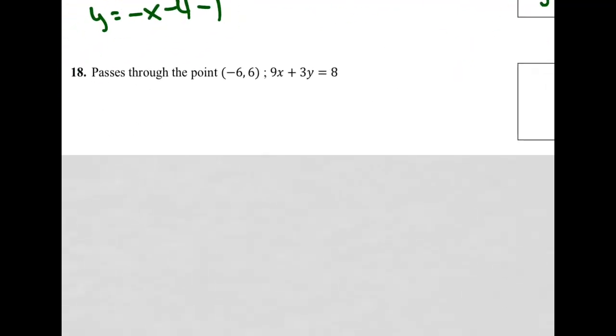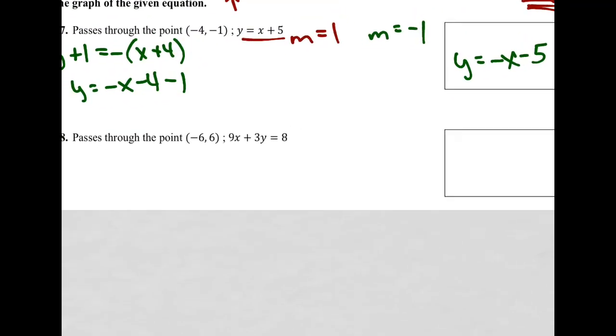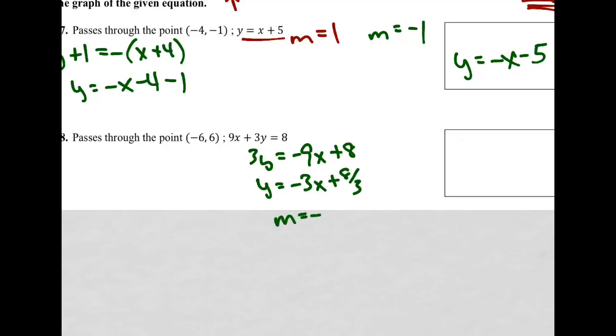Alright. Number 18 is not in the right form, so we have to get the y by itself. That's the only way I can see my slope. Divide both sides by 3. Okay, so this slope is -3, so my perpendicular slope is going to be opposite reciprocal.